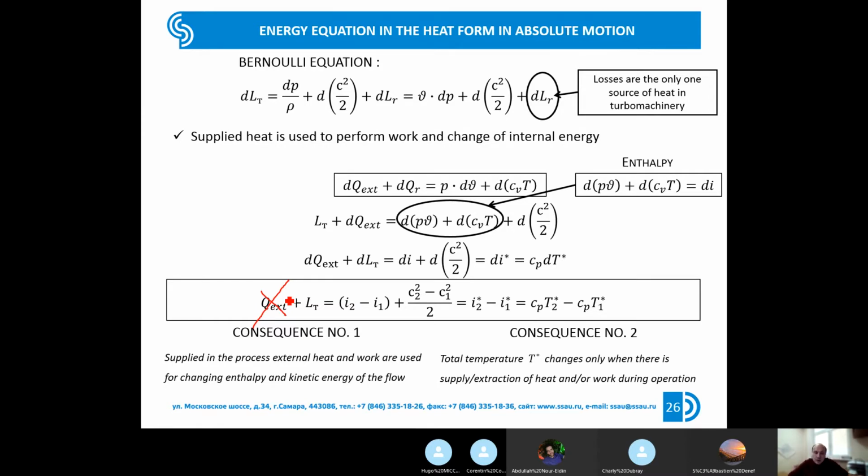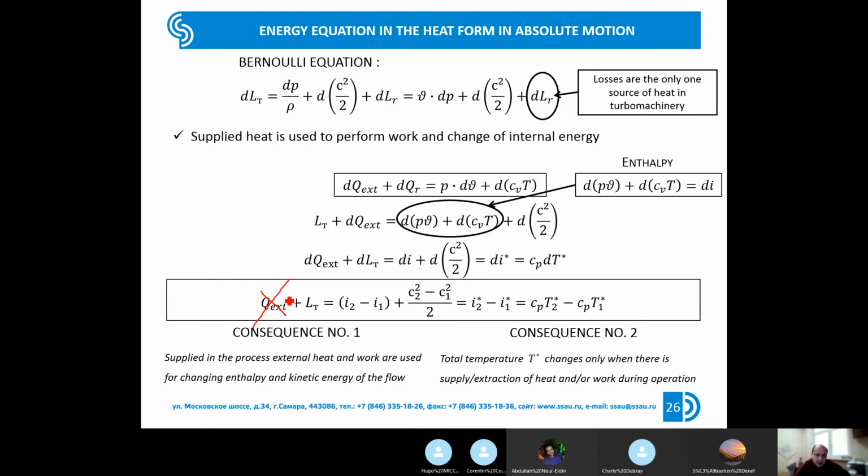And the second conclusion: the total temperature changes only in the case when you are supplying mechanical energy or supplying external heat. In the case of turbomachinery, we have no external heat. That's why in turbomachinery, total temperature changes only when you are supplying mechanical energy, only in the rotor wheels.